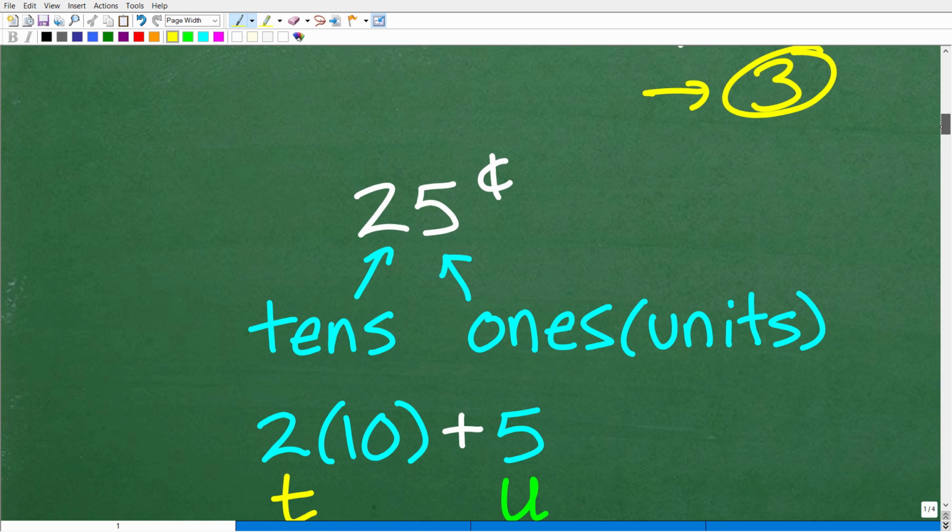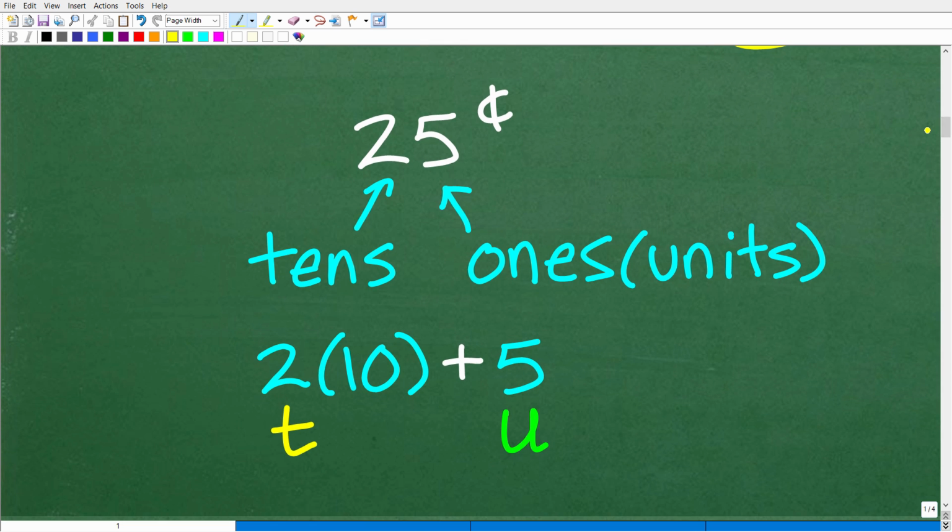And let's review the price of an item. So let's take something like 25 cents. Let's just take a look at the units here. So we have the tens unit, right? This is the first number here. And then we have the ones or the units digit. So these are the digits of a price, something that might cost 25 cents.